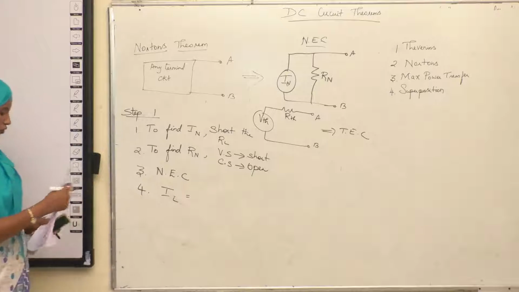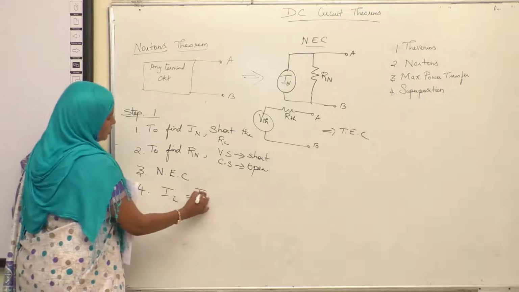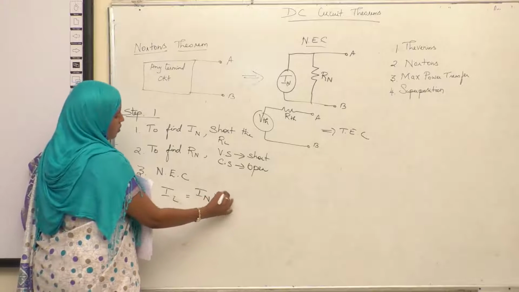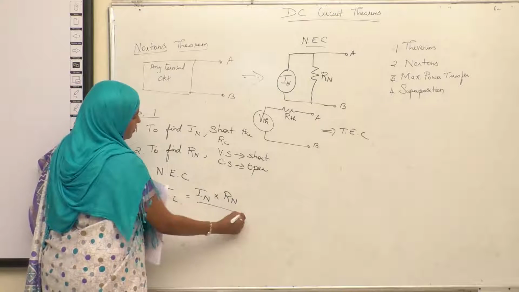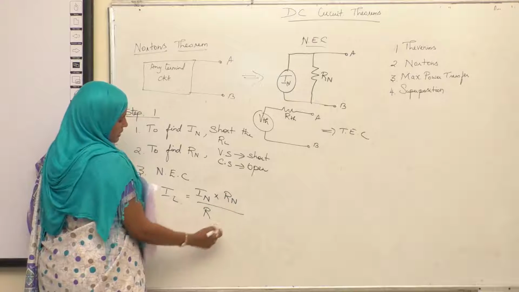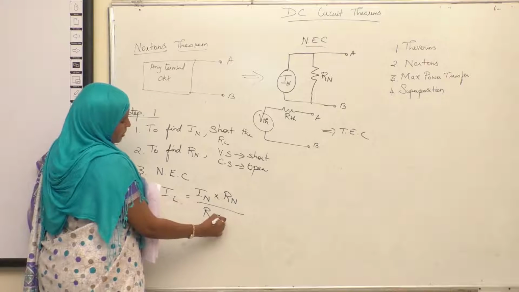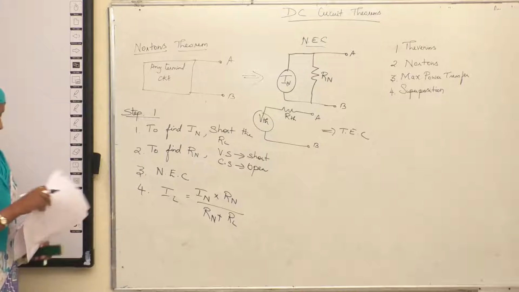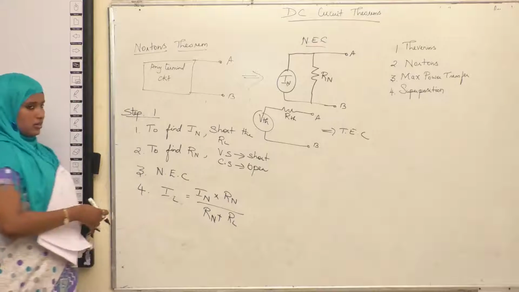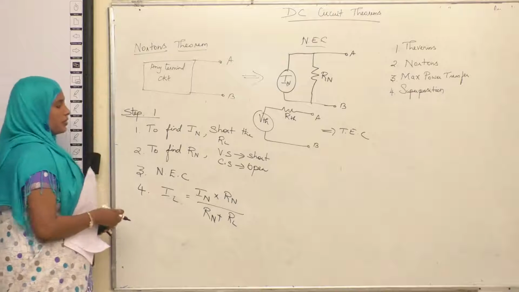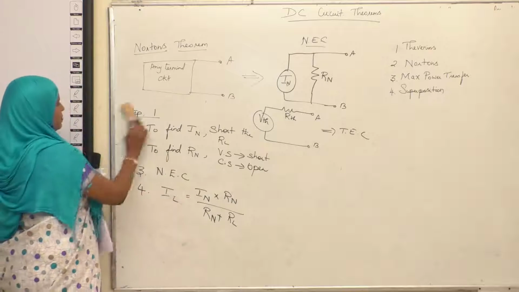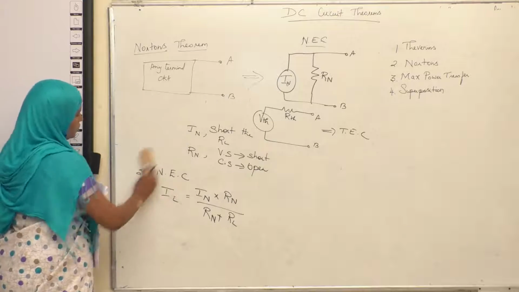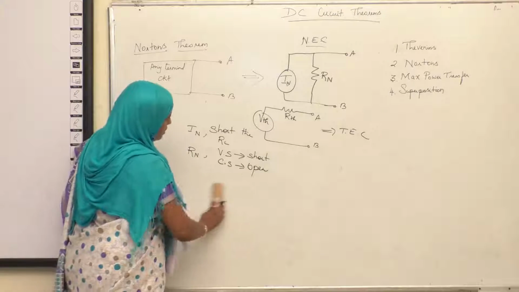Here the formula to find IL is Norton's current into Norton's resistance divided by the sum of RN plus RL. So this is the formula to find the load current in the case of Norton's theorem. Now we will see a simple problem to solve using Norton's theorem.